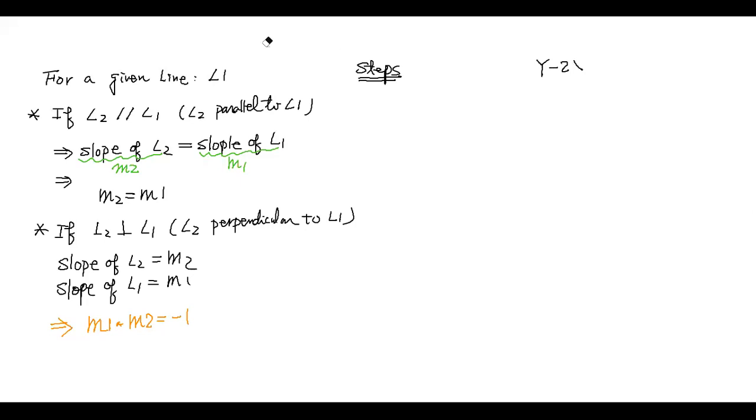Here I say y minus 2x equals 3. What I need to do is find a parallel line that goes through the point (3, 4).